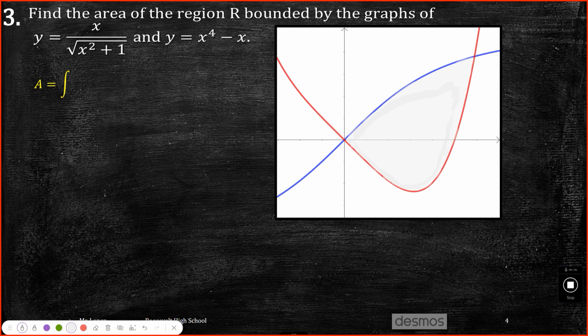Enter and then move it over. Oh no, I went too far. Menu, analyze graph, intersection. There, enter, move it over. All right, there it is, enter.